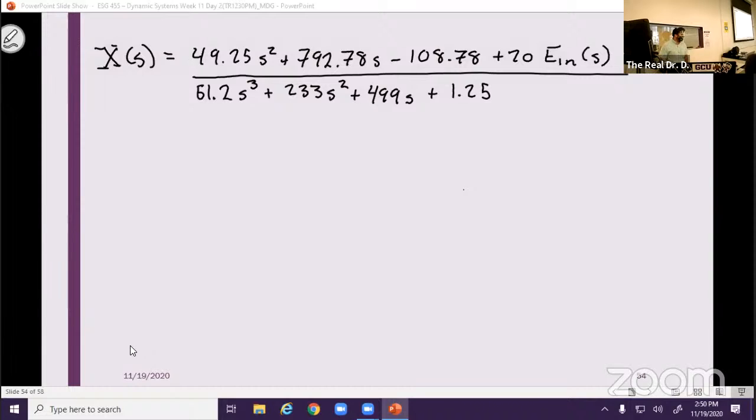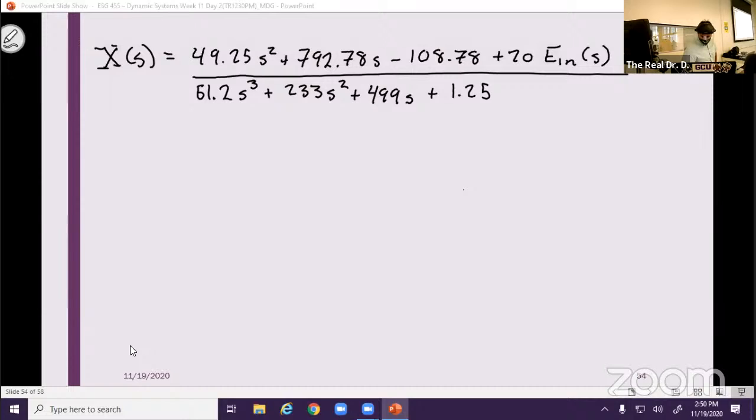We're gonna go with it at this point because we've got 10 minutes left in class. So what do we do now that we've got this? Now we do partial fraction expansion, except that we need E n of S. So what's E n?